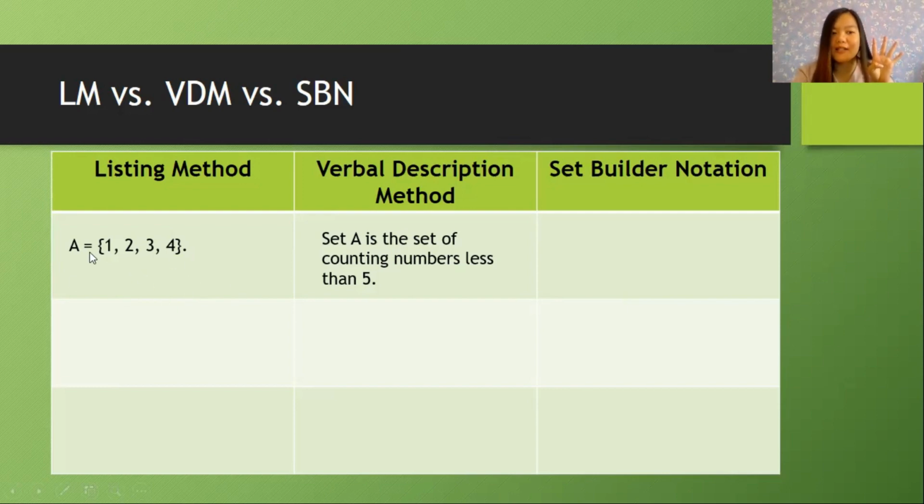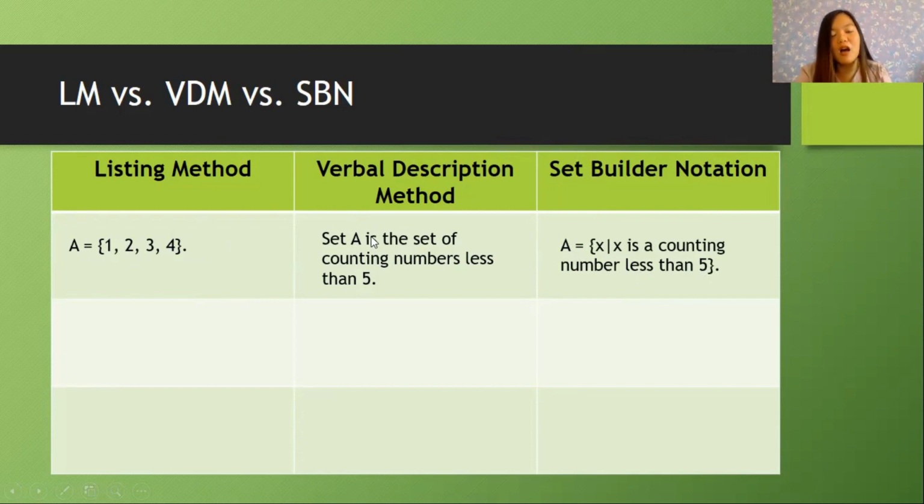That is what is written in the listing method. Take note, set A can be described by the listing method, the verbal description, and also the set builder notation. This is read as set A is containing x such that x is a counting number less than 5.